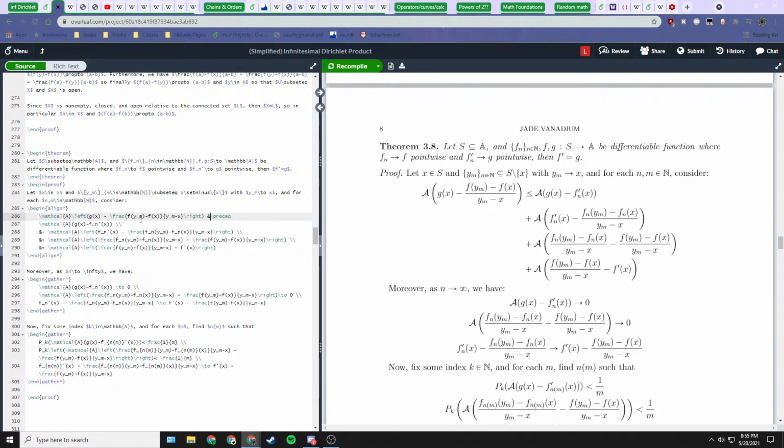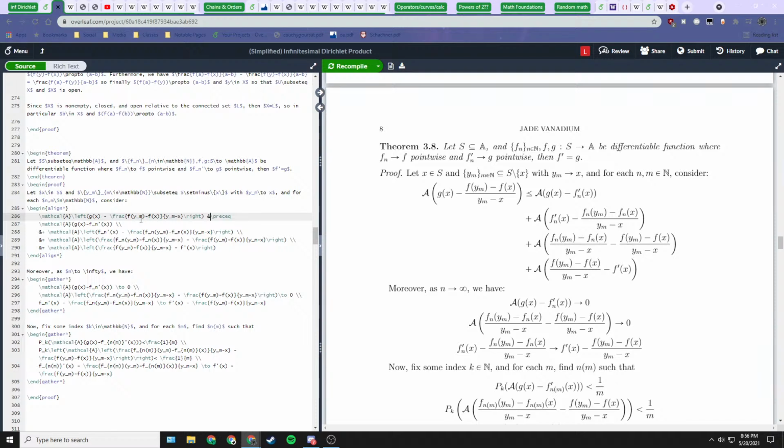Yeah, so if we assume that we have a derivative, we just go from g to f prime to f, the difference quotient of fn, so g to fn prime, which we know converges, fn prime to the difference quotient for fn, and then from the difference quotient of fn to the difference quotient for f, and then finally the difference quotient for f to f prime.